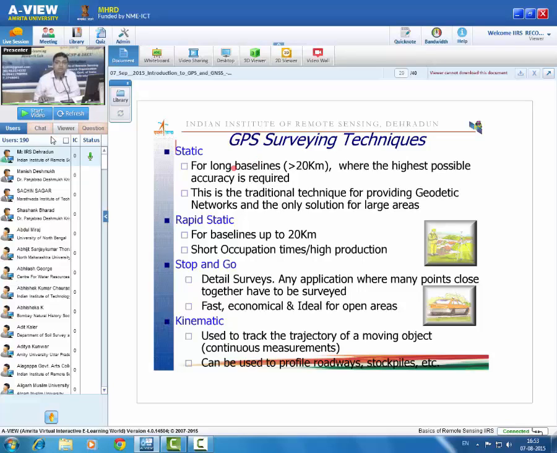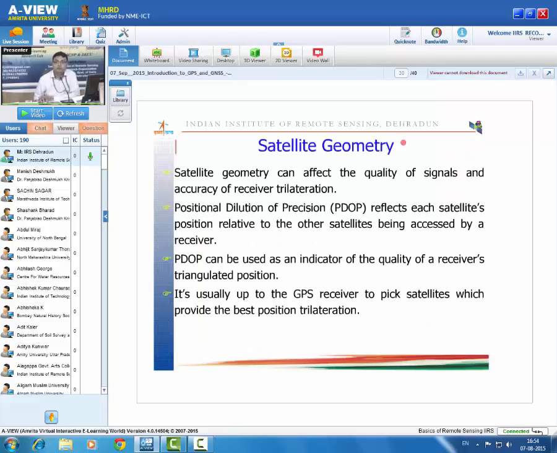So for that purpose, we need the control points which we acquire through one of these kinds of surveys. How these surveys are different from each other will be covered tomorrow as part of the processing of the GPS signals. So for today, I will just say that these are the four procedures we are using: static, rapid static, stop and go, and kinematic. The details I will give tomorrow.